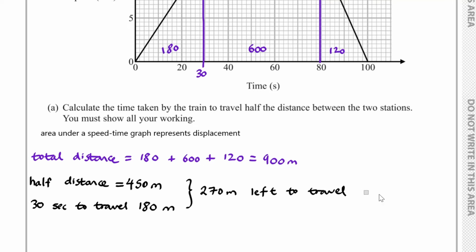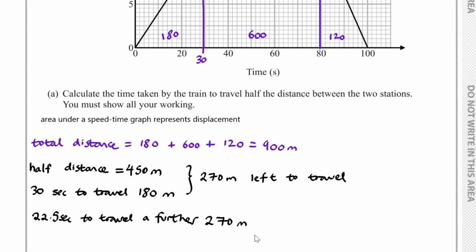You can see here it takes 22.5 seconds to travel a further 270 meters.